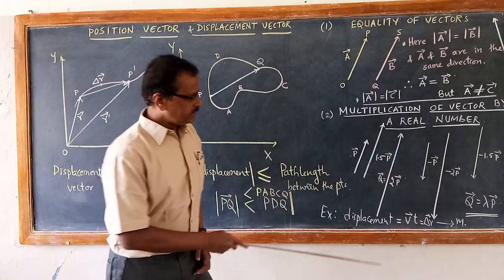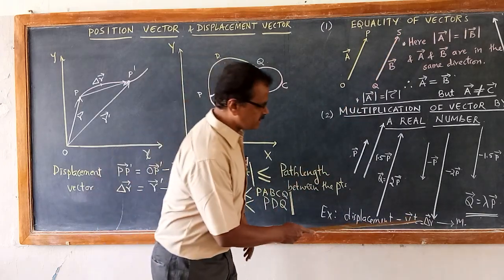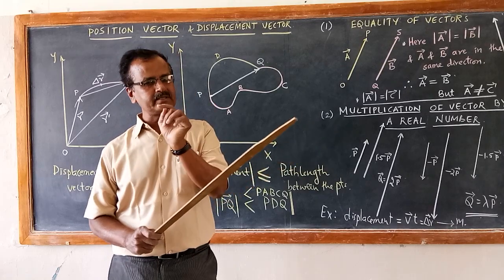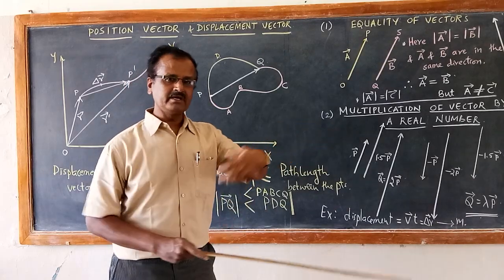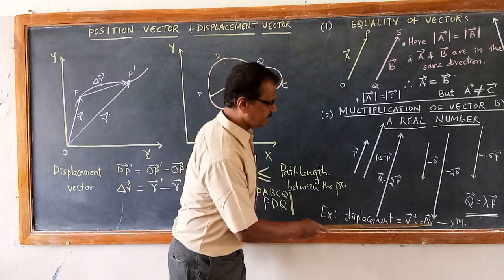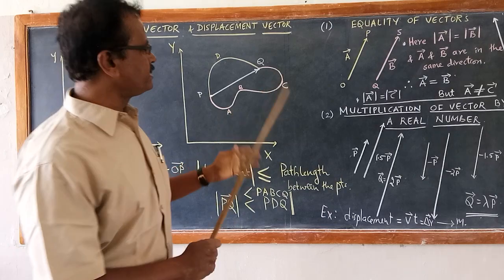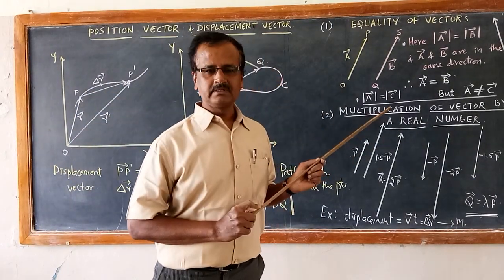For example, velocity is measured in meter per second and time is measured in second. Meter per second multiplied with second cancels, and you are left with another physical quantity, that is displacement, which is measured in meter. So this is the meaning of multiplication of a vector by a real number.